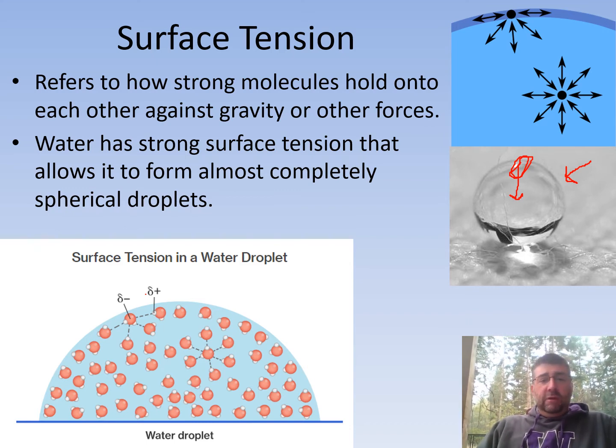And so here's surface tension in a water droplet over here, and you'll notice that this water molecule is being held by all of the water molecules around it, and they, in turn, are being held by all the water molecules around them. And these forces that are interacting between water molecules are helping to support each other against the force of gravity. We call that the surface tension, the ability to maintain the surface against forces of gravity.